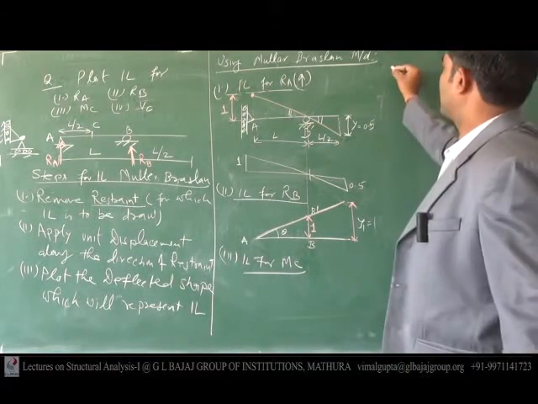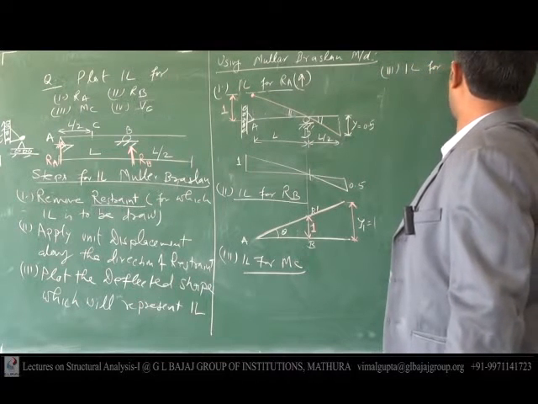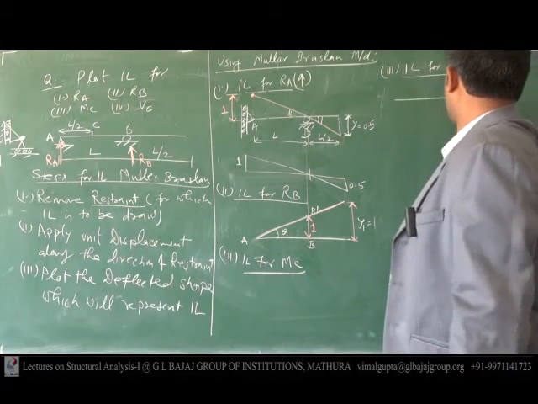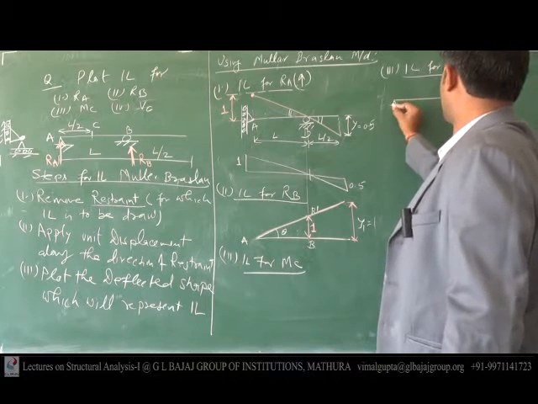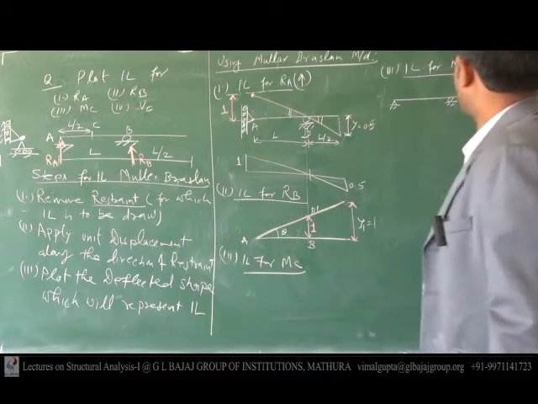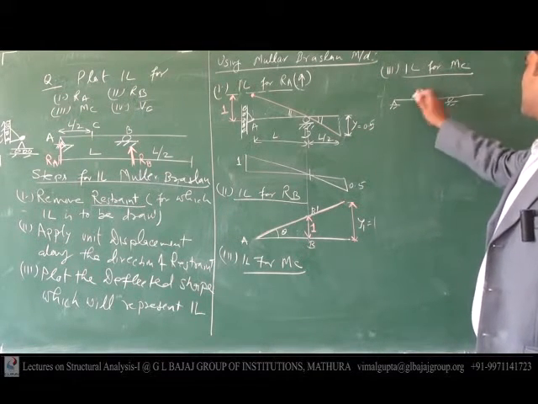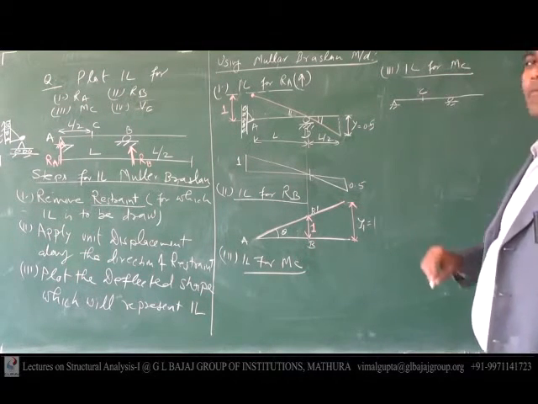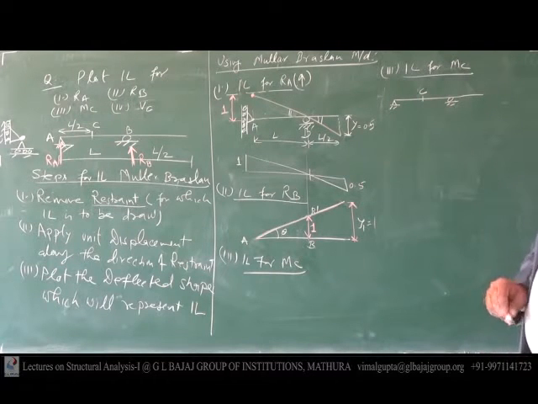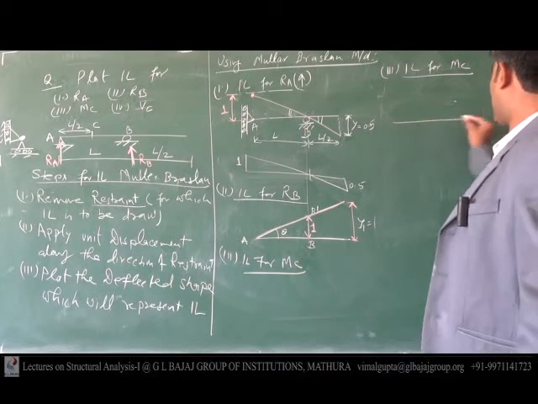IL for MC. C point is this. So what we have to do at point C? What should I do?